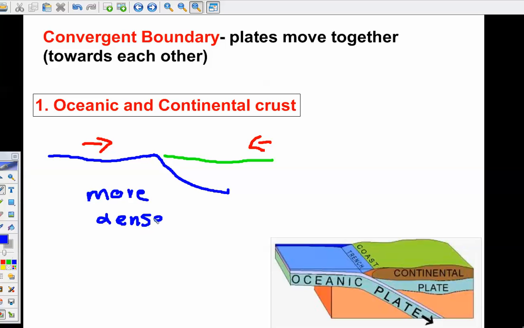And if you remember way back to when we were talking about different types of crust, you will remember that it's made up of basaltic-like rocks, which means that it is more dense, so it will go under the continental crust. And you can see from the diagram here below, that is what's taking place. The oceanic crust subducts under the continental crust. So that is our first scenario.